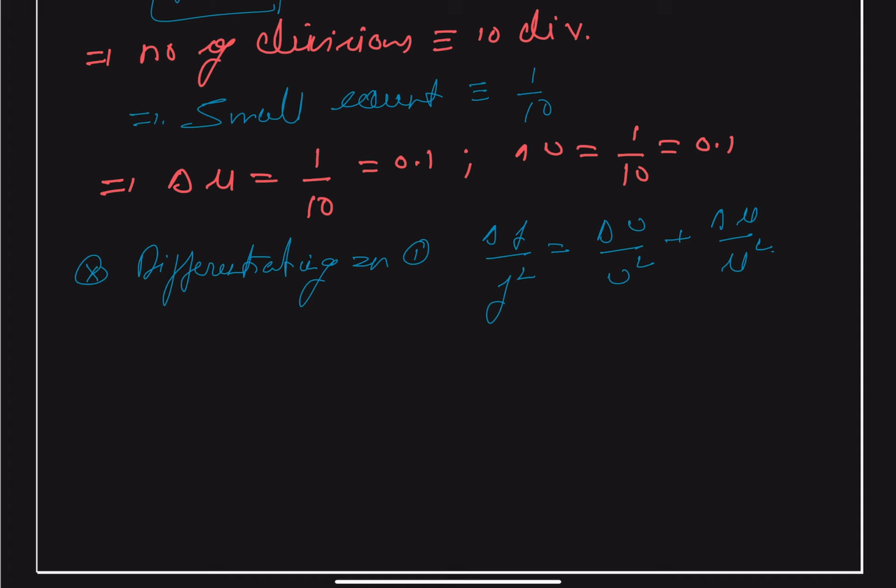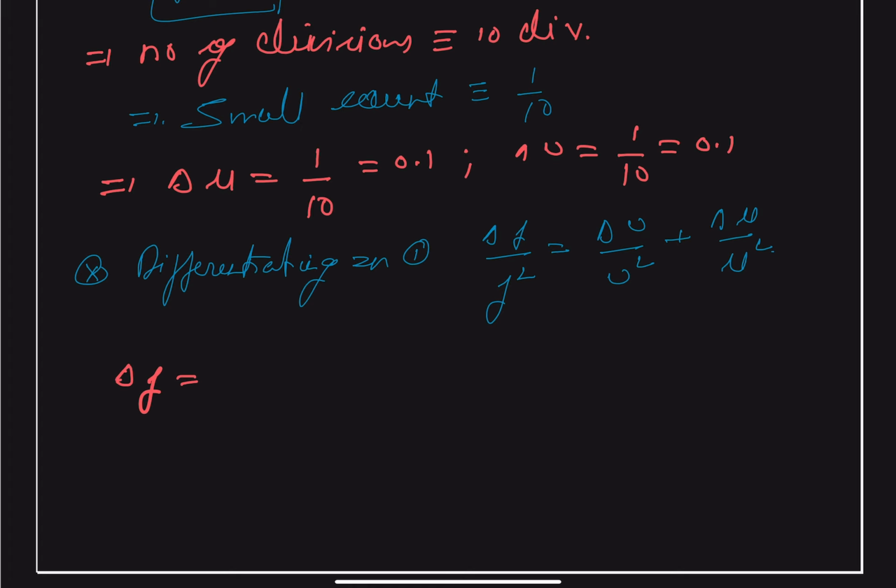So we get from here that our delta f will be equal to delta v upon v square plus delta u upon u square, multiplied by f square. Now we simply substitute the values.